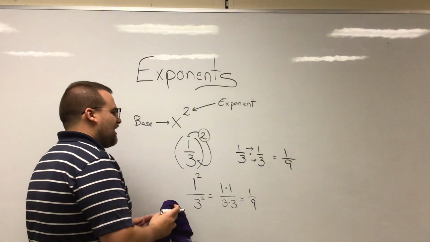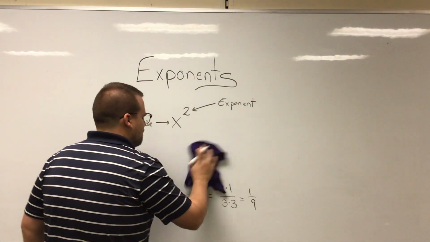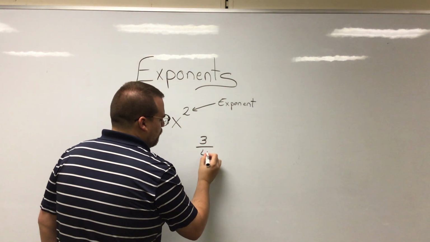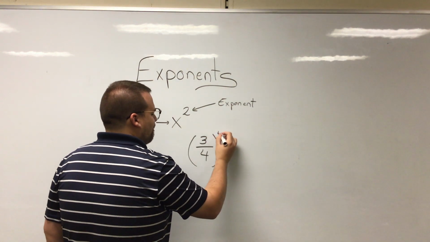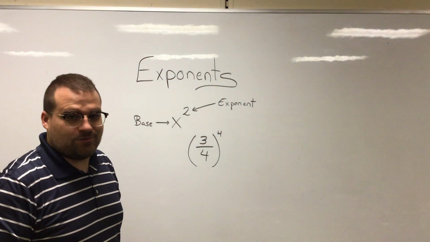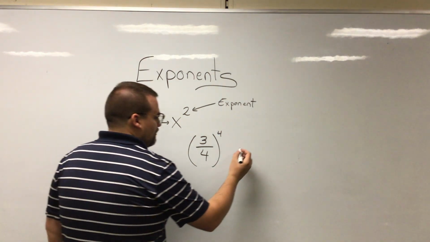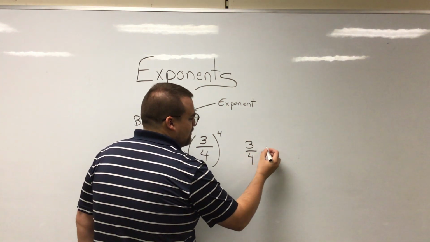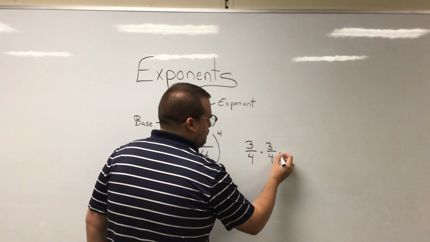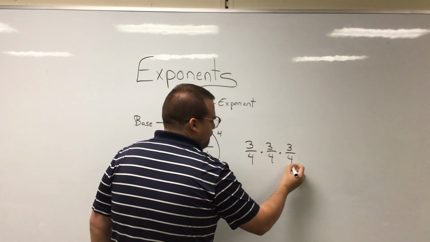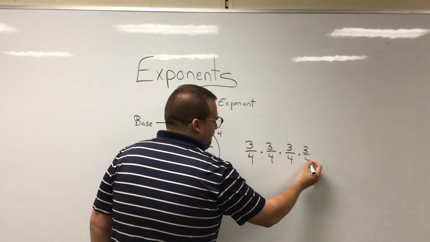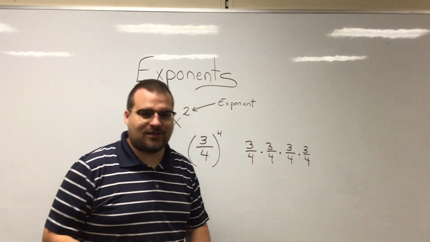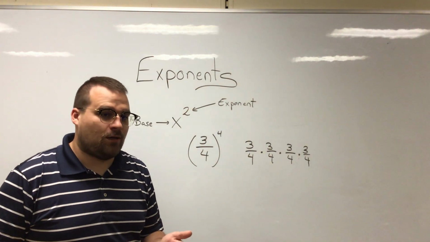You know, let's say maybe you have something like 3 over 4 to the 4th power. Well, I mean, technically, that would be our base number, 3/4, times itself 4 times. So it would look like this, right? You'd have to multiply 4 fractions straight across the top every time. You could do that.